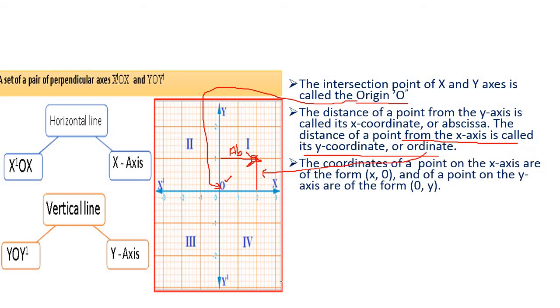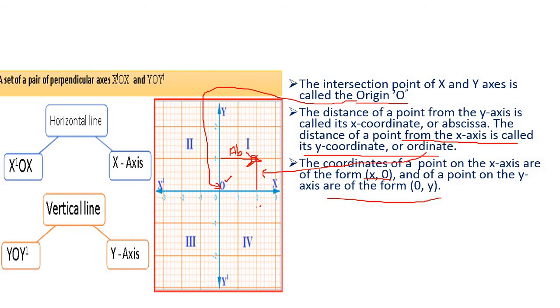Next, the coordinates of a point on the x-axis are of the form (x, 0), and of a point on the y-axis are of the form (0, y). Suppose if 2 is there on the x-axis, it is (2, 0).